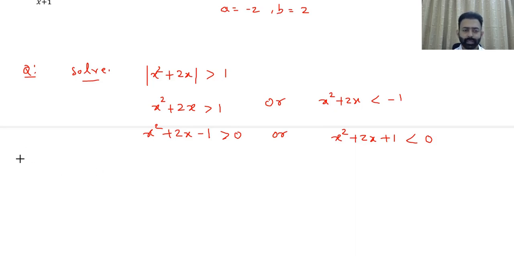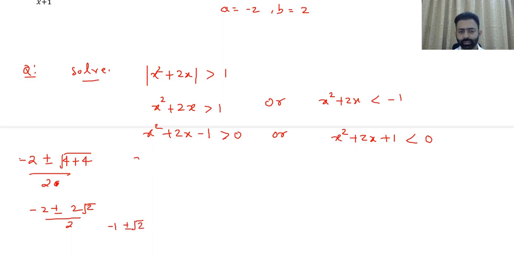So it will be minus b, so minus 2 plus minus root of b square minus 4ac, which is plus 4, over 2a. A is just 1. So here you will get minus 2 plus minus 2 root 2 divided by 2. So here I have the roots as minus 1 plus minus root 2.